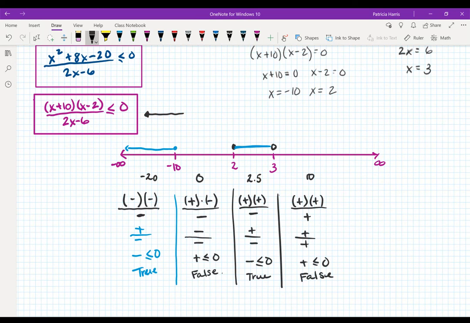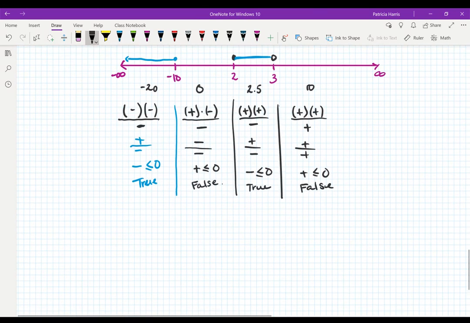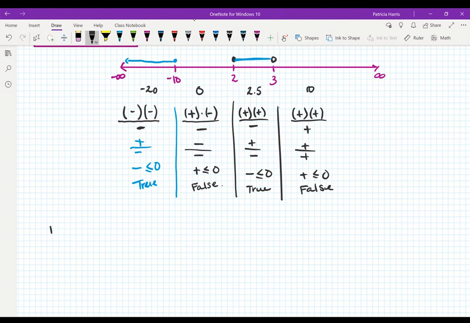So our answer in interval notation will be this. Remember, infinities always get a parenthesis. And there we go. That is beautiful.